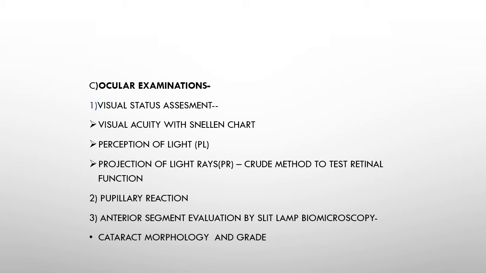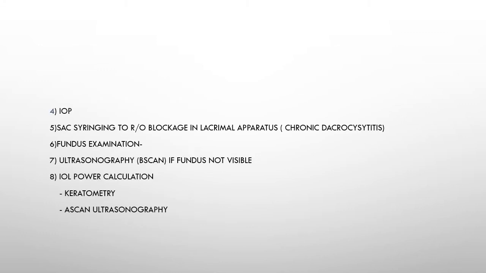Then anterior segment evaluation by slit lamp biomicroscopy to rule out any corneal, conjunctival or anterior chamber pathologies. Then cataract morphology and grading is to be done after the anterior segment evaluation.